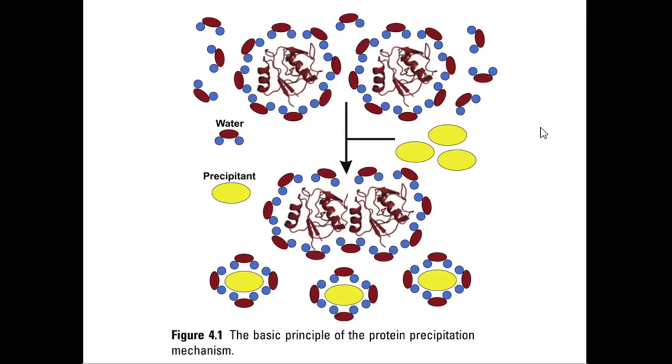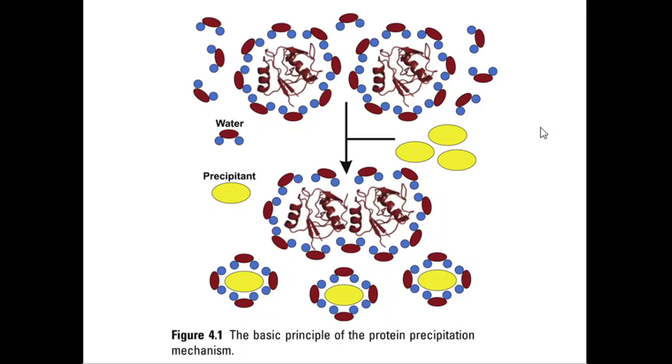This is referred to as salting in. Here the salt ions associate with the surface of the protein. So there is a masking or shielding of those areas from water molecules. The water molecules cannot go and associate with the surface of the protein.